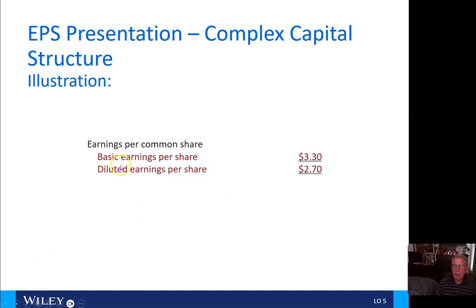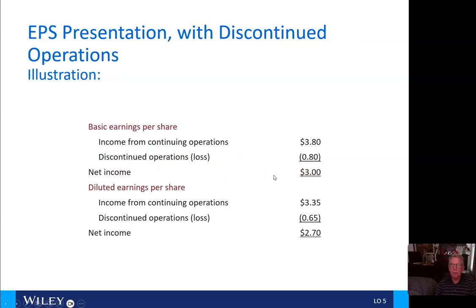So here we have earnings per share for common $3.30 and fully diluted earnings per share $2.70. And we would present that. Here's our basic earnings per share, income from continuing operations, discontinued operations, which was a loss.